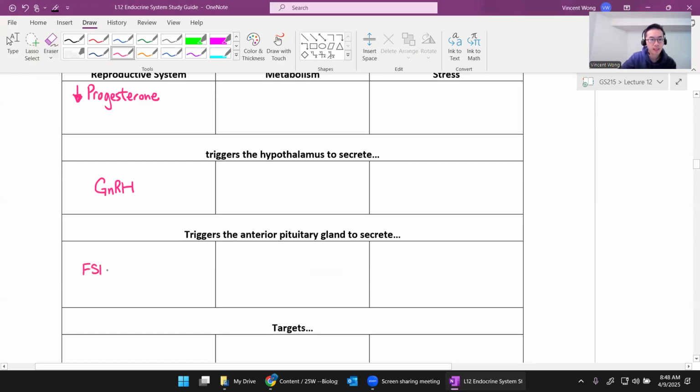Follicle stimulating hormone and luteinizing hormone. Okay, we can even write the name. Follicle stimulating hormone and luteinizing hormone.